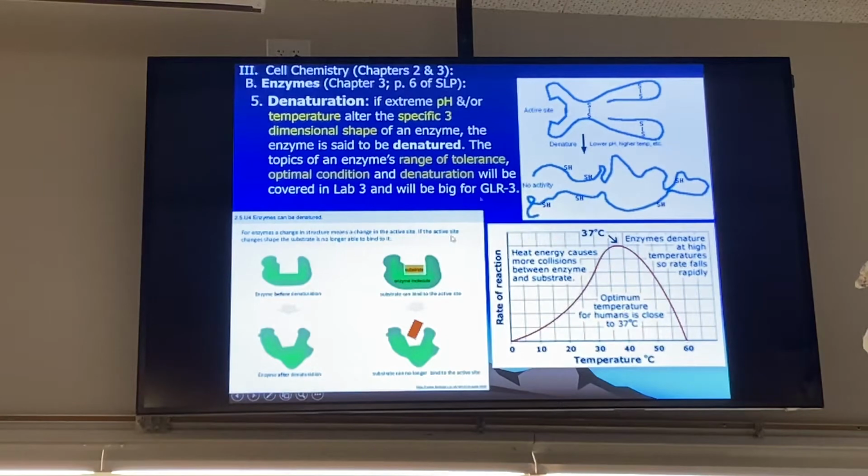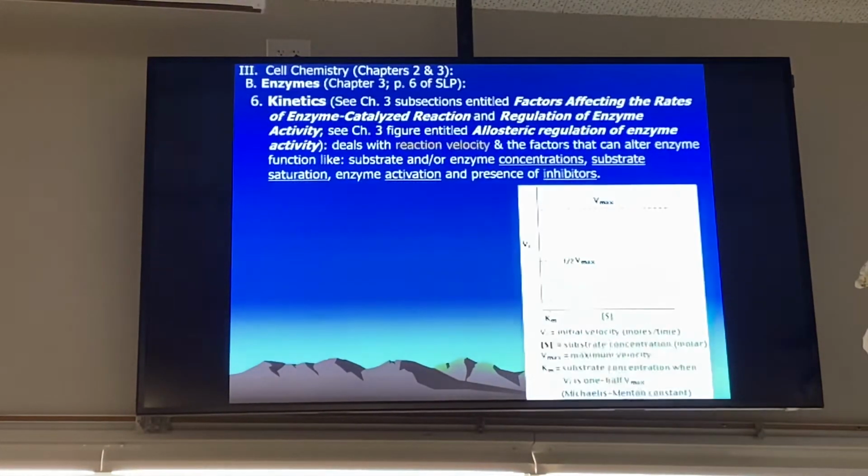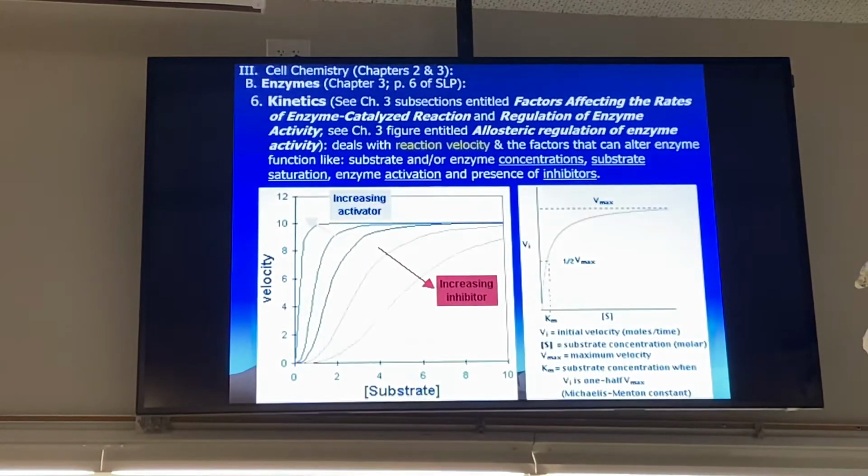And here's some of the bonds here in this picture. These are disulfide bonds, and they'll break. And that thing is never going to be the same shape. Everybody see that? We'll talk about some of those bonds that give proteins their shape later. All right, and then we got this concept of reaction kinetics. Go ahead and fill in the blanks and let me explain this.